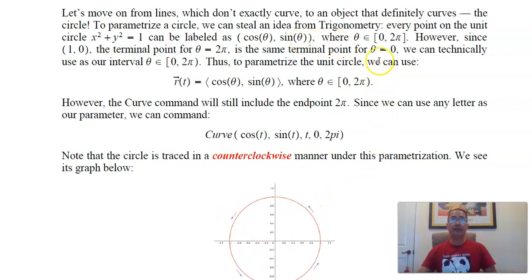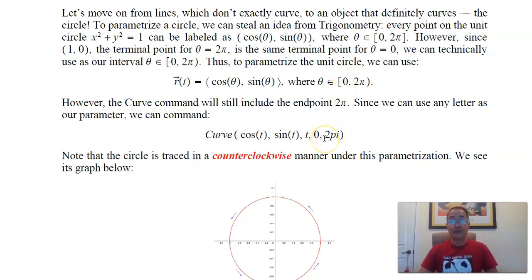Well, if you only want a full circle, then you go from 0 to 2 pi. Strictly speaking, though, when you reach 2 pi, you're really back to 1, 0, right? So you can technically remove that endpoint and make this an open parenthesis instead of a square bracket.